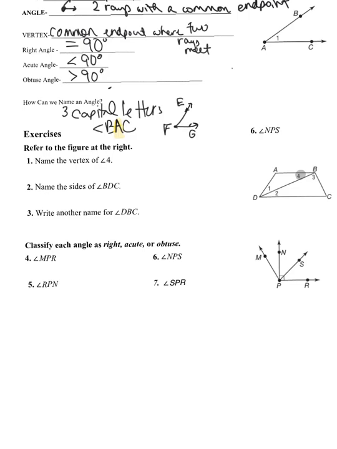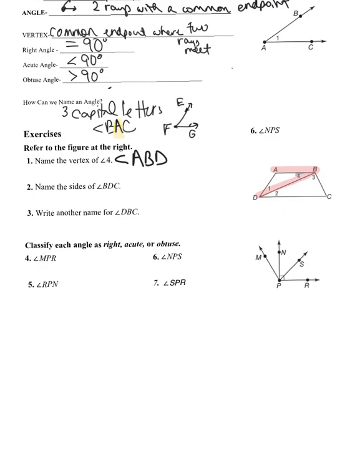So I have to use 3 letters to name it. So if I want to name ABD, it does matter because ABC would be 4 and 3. I don't want 4 and 3, I just want 4. So ABD. The only other way to name that one would be DBA.